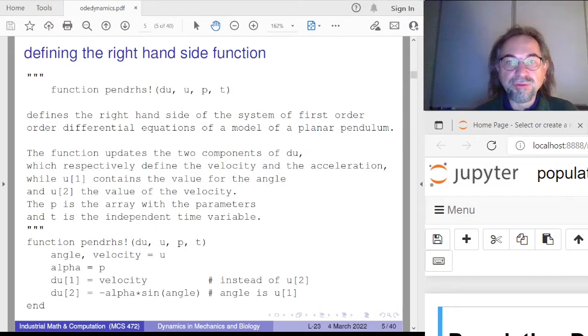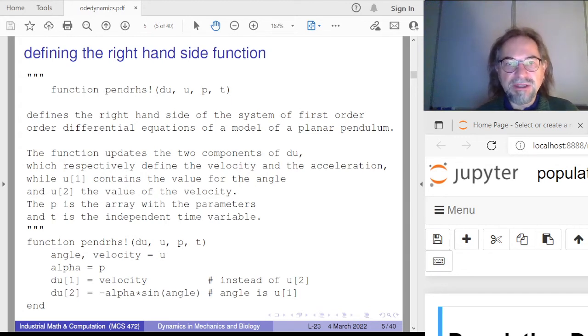In order to use this numerical solver, we have to define a right-hand side function. Here I do this rather pedantically with a very long documentation string. This is a function that is going to change its first argument, therefore the exclamation point that's added to it. The left-hand side is the first argument, so we actually assign the right-hand side to the left-hand side.